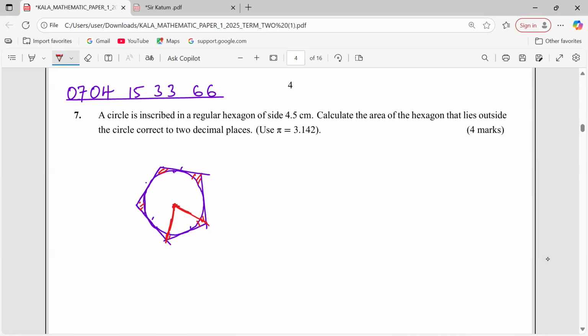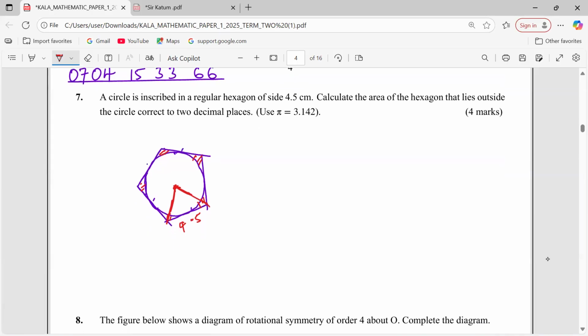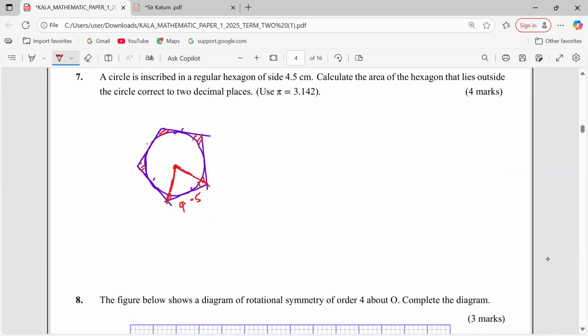The hexagon has 4.5 here. That means even for the circle itself, we can get the radius. Remember, at the center, we have 60 when I divide the hexagon into 6 triangles.